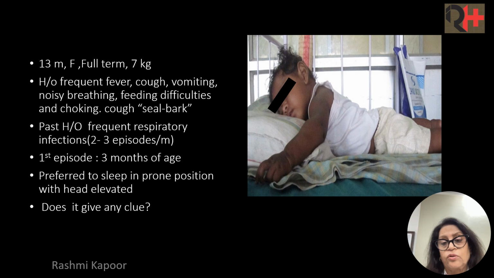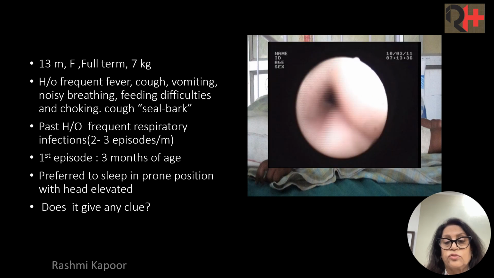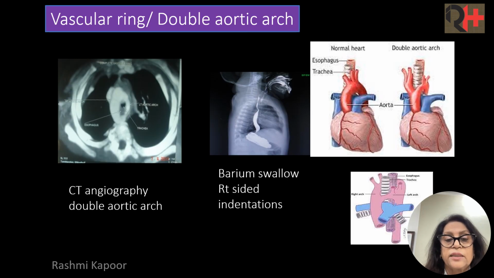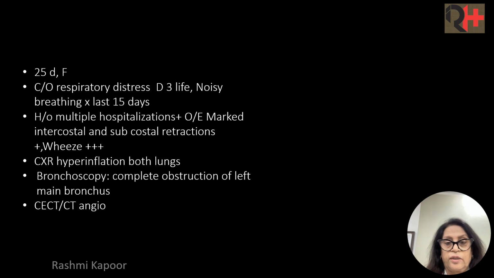So it gives us a clue that there could be causes which improve on proning. We went ahead and did the bronchoscopy. We found an extrabronchial pulsatile mass suggesting a vascular ring. We did the CT angio and found a double aortic arch, and the treatment of this is surgical only.